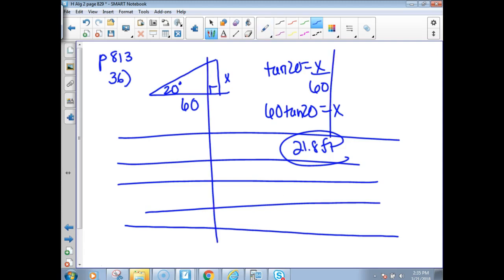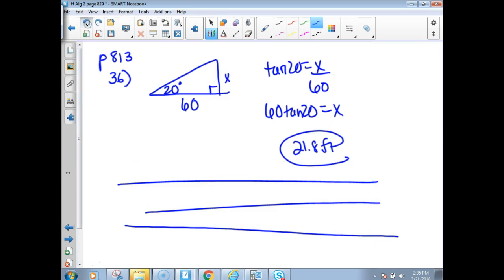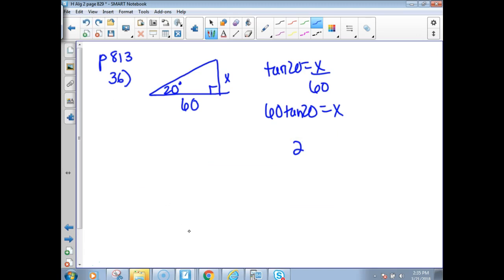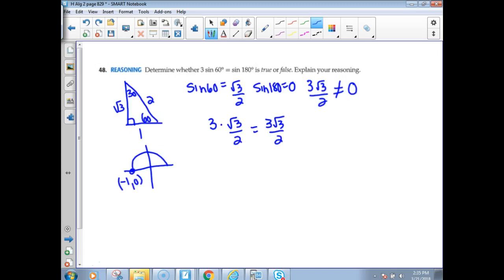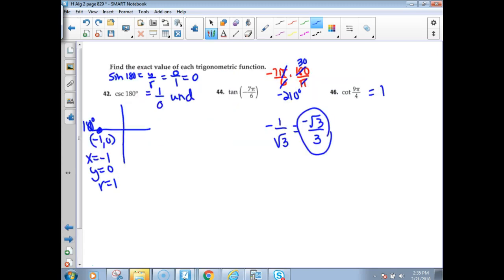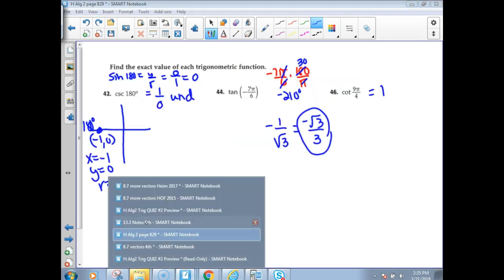Vertical lines are this way. Eight what? 829.35.